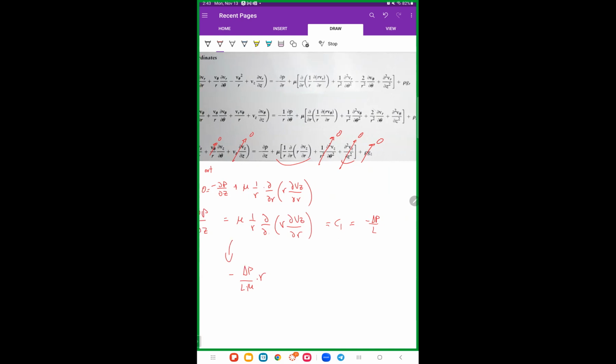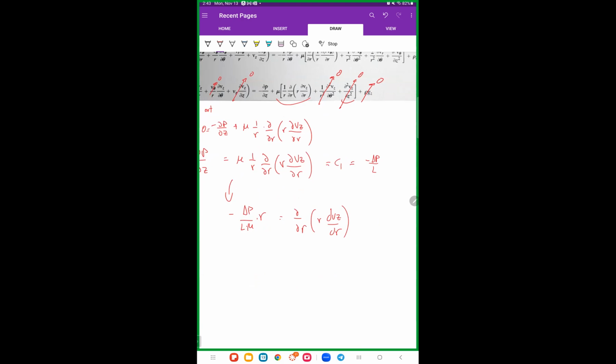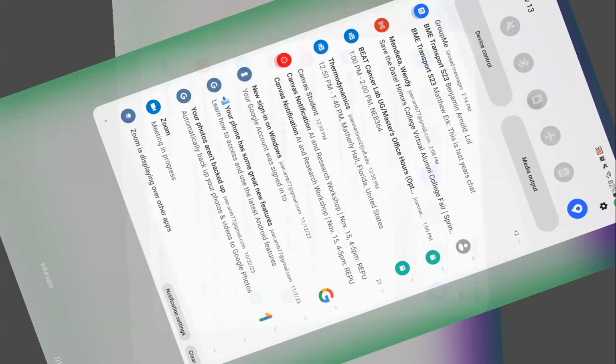And then that's going to be equal to the partial with respect to R of R dVz dr. Awesome. So we can integrate now. That's what I wrote. So you wrote that. Awesome.